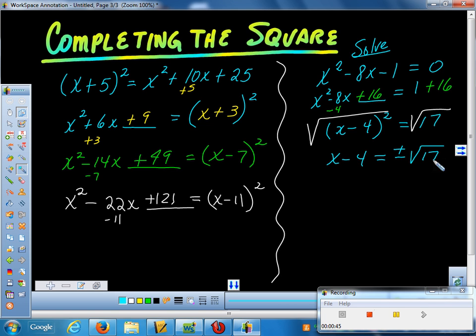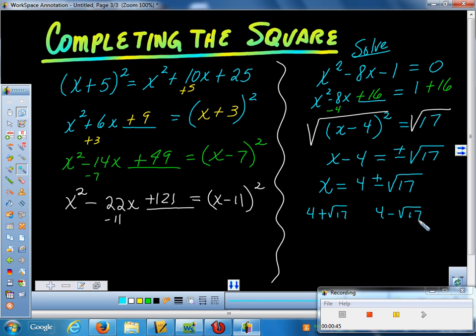And so then last I need x by itself, so what do I do with the minus 4? You add it to the other side, put it first. So you have 4 plus or minus square root of 17. So how many answers do you have? 2. Technically you have 4 plus the square root of 17 and 4 minus the square root of 17.